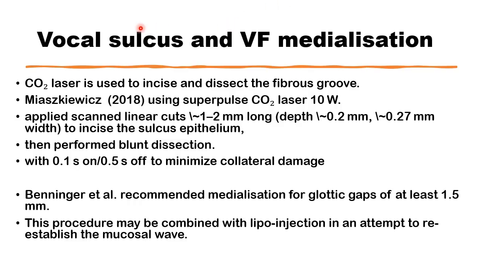The surgical removal of a vocal sulcus would start with incising the epithelium of the sulcus from the surrounding vocal fold epithelium and the tissues in the deeper part of the sulcus groove, particularly the vocal ligament. This is best carried out with carbon dioxide laser, sometimes at a higher power of 10 watts, in order to cut long incision lines of 1 or 2 millimeters to a depth of 0.2 millimeter penetration and 0.27 millimeter width of the incision line.